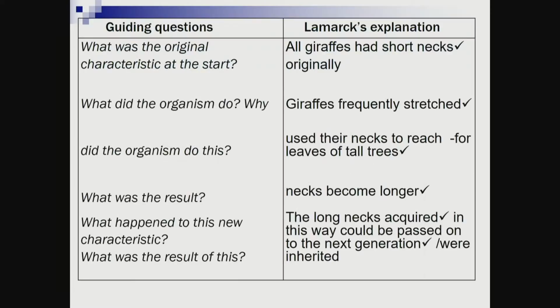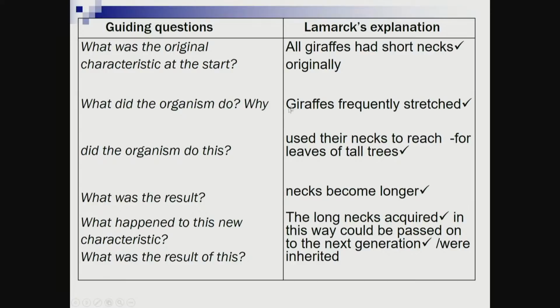Then Lamarck's explanation. Sometimes you have to explain according to Lamarck, and this is the old way, and it's totally correct. What was the original characteristic at the start? What did the organism do? Why did the organism do this? What was the result at the end? And what happens to this new characteristic?